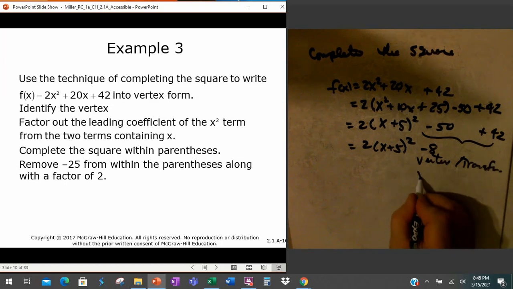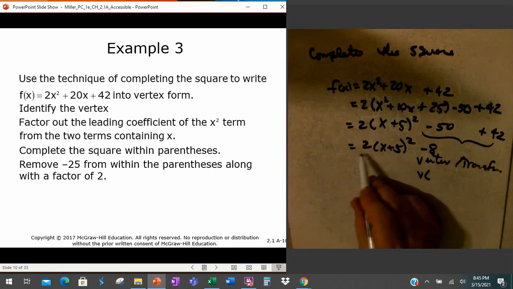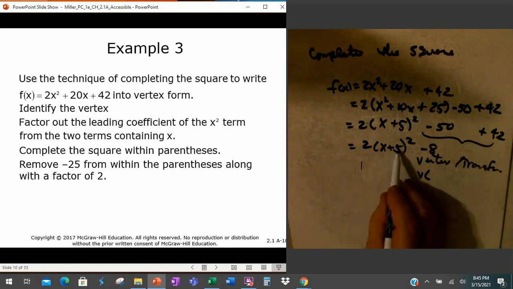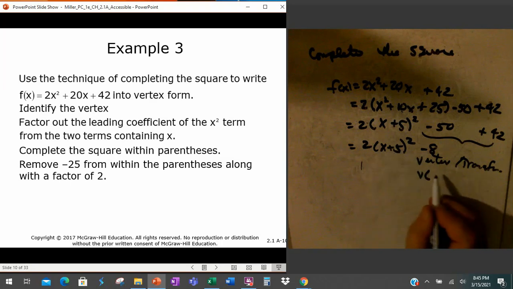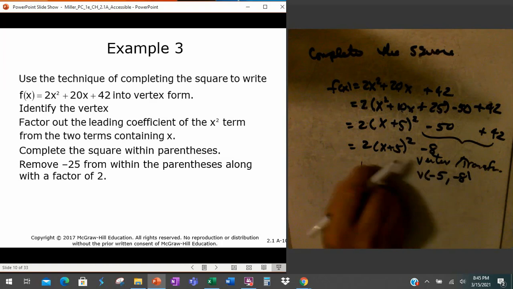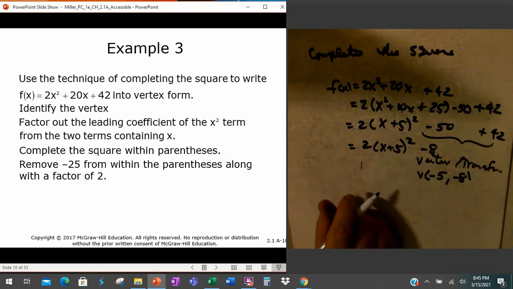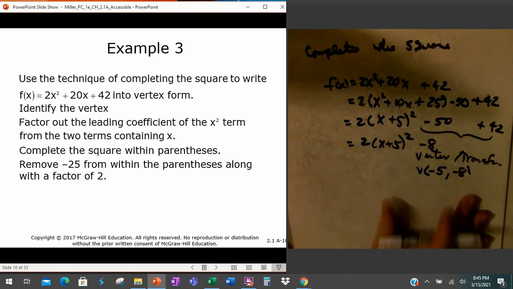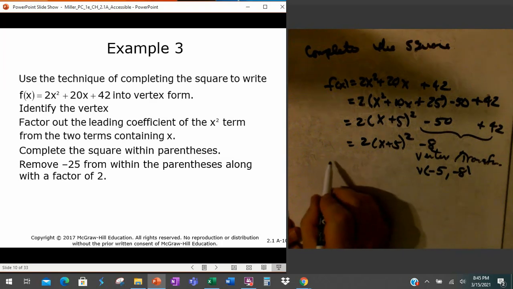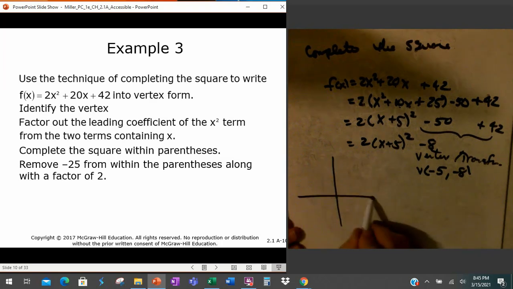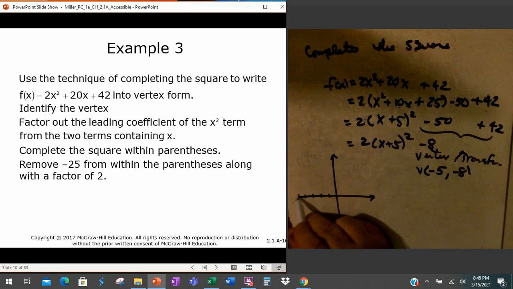The vertex: I've got a 2x squared that I'm starting with, moving it over to the left 5, and then down 8. So negative 5, negative 8 is where the vertex is. Then we can pick up everything else. Let me go over here and set up a quick graph. Negative 5 over: 1, 2, 3, 4, 5.